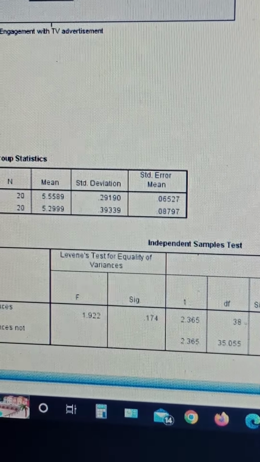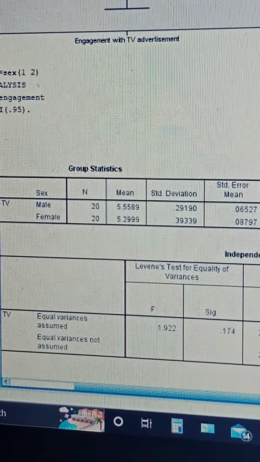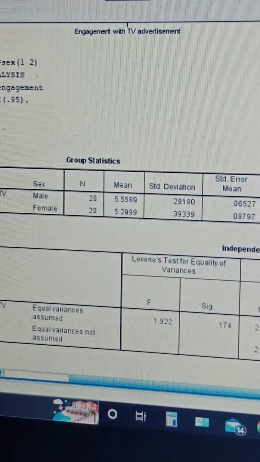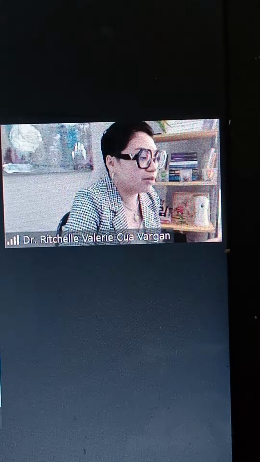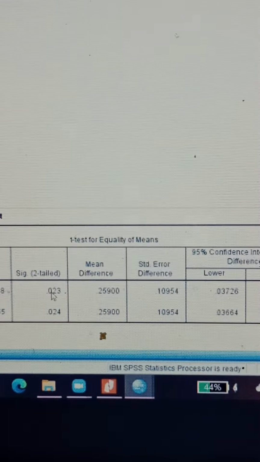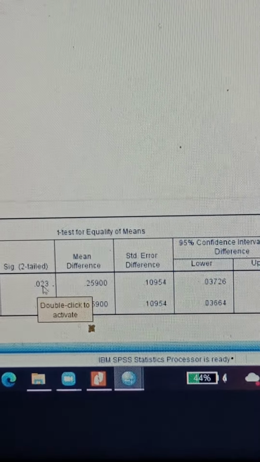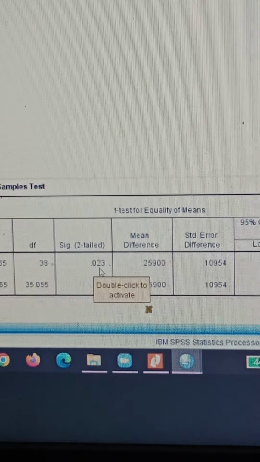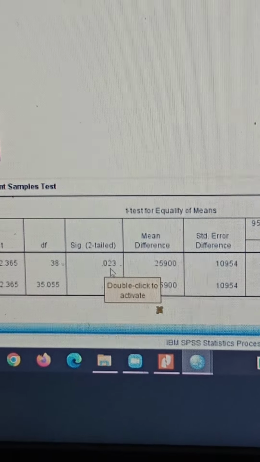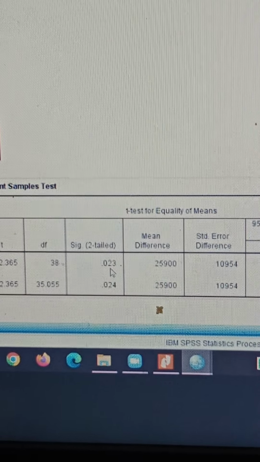There is no significant difference in the engagement between females and males. The alternative is there is a significant difference between females and males. Look at here. We are interested in this value, the sig value, 0.023, this first value here of the sig. Is this value a significant value or not significant value?